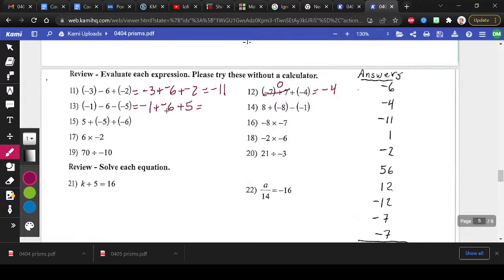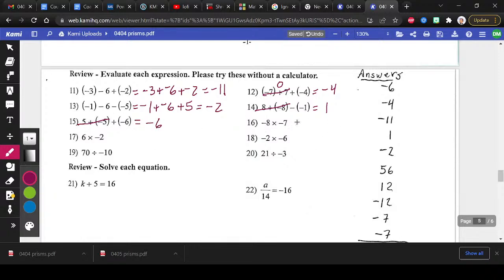Well, -1 plus -6 is -7, plus 5 is -2. -8 plus 8 is 0. A -1 is +1. And then here we have 5 and -5 is 0. And 0 plus -6 is -6.